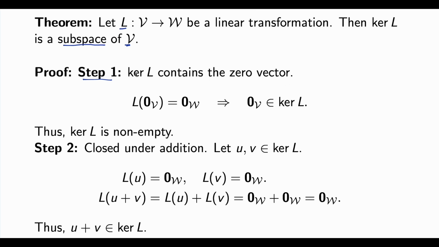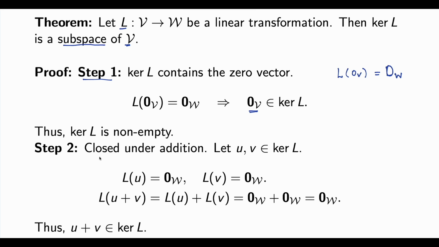Since L is linear, we already know zero maps to the zero vector, this is 0 of W. So the zero vector belongs to the kernel. It means that the kernel is non-empty. So this set is not at all empty; it consists of at least a single element, which is the zero element, right?